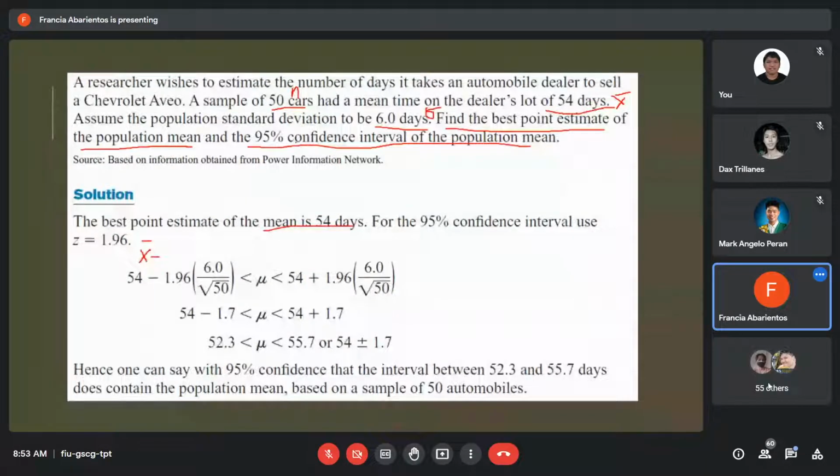Minus, ano class yung z? Bakit 95? 95% confidence interval. Saan ka pupuntang table? Anong table kayo? Paano nakuha to? Your z is equal to 1.96.